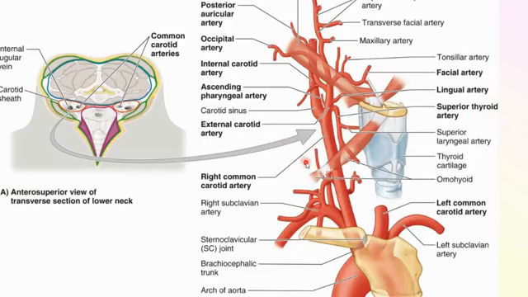So in this picture, we've kind of just taken away a lot of the other muscles. So we see the common carotid artery, and here it's giving off the external carotid and internal carotid. You have the superior thyroid artery that we just talked about, and then you have the lingual artery right here. And it's just opposite the tip of that greater horn of the hyoid, which you see right here.